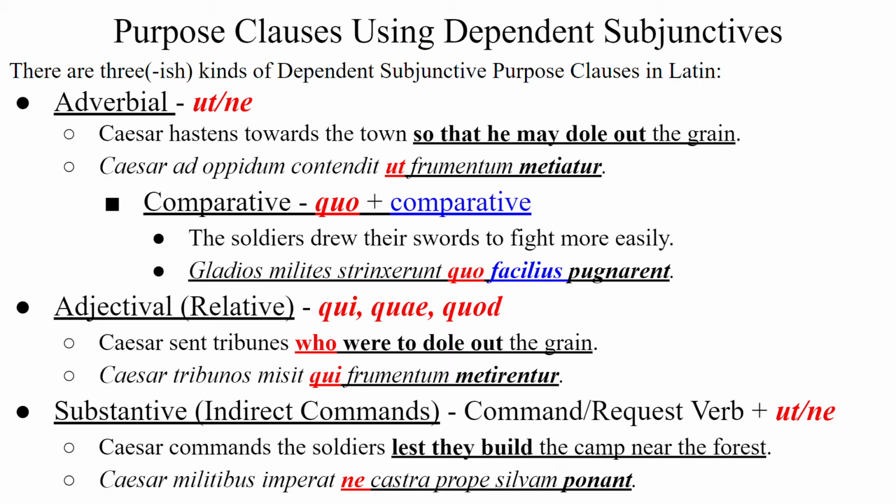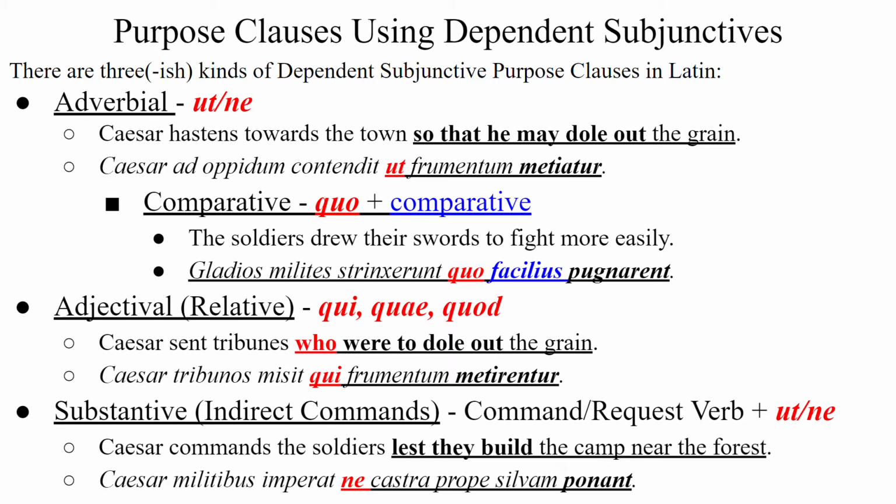If the main verb is present, present subjunctive, future, future perfect, or imperative, that is called primary sequence, and the subjunctive verb will be present. If the main verb is imperfect, perfect, or pluperfect, that is the past tenses, the subjunctive verb must be in the imperfect tense.